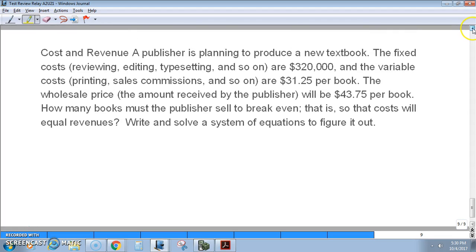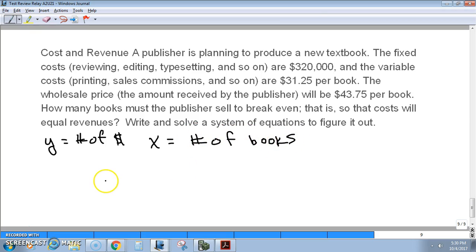So in this last problem, if I'm going to do my variables, y is equal to number of dollars, and x is equal to number of books. So we're going to have two equations.